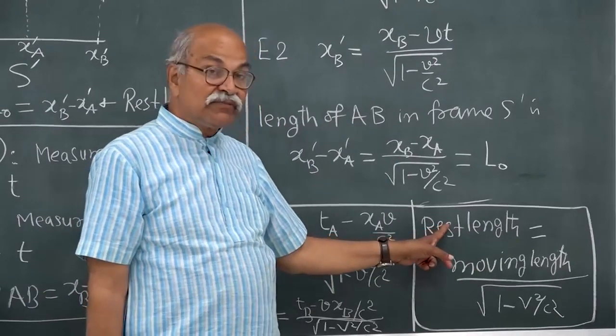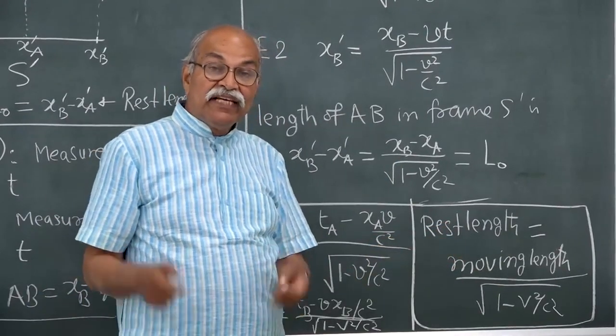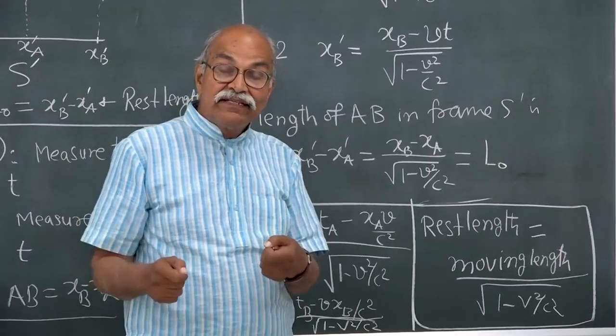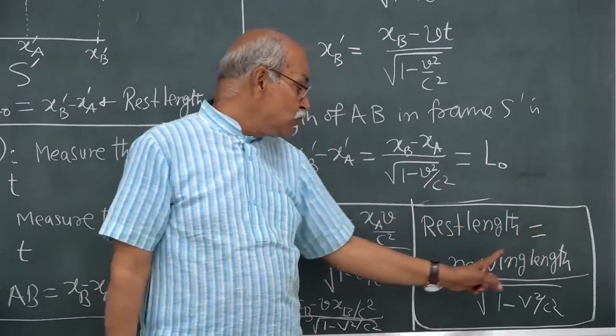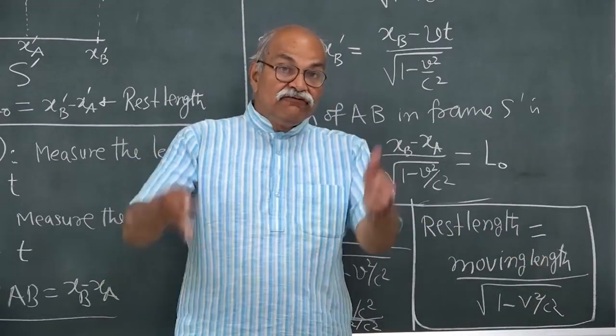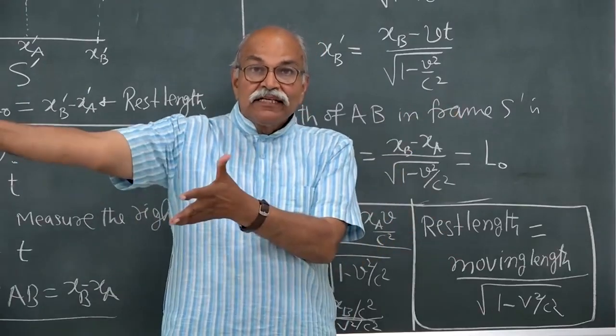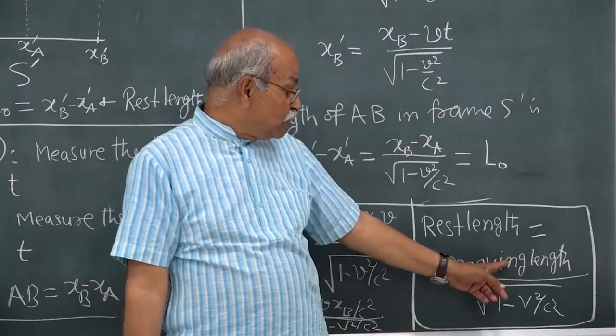Rest length, that means length measured from a frame in which that length is not moving, that is rest length, and that is equal to moving length. So, now I am using a frame in which this length is moving with a velocity v, and that will be moving length.